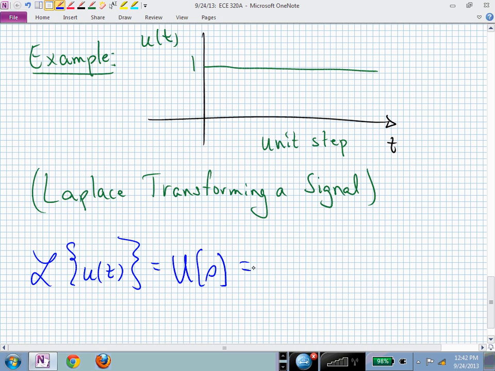By definition, this is now the integral from t equals 0 minus to infinity of the function little f of t, which is now u of t, scaled by this complex exponential that has in its exponent both frequency and time.